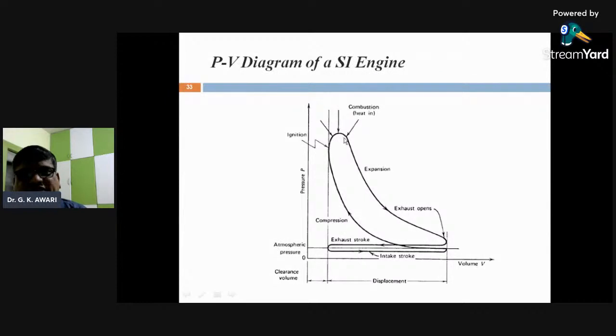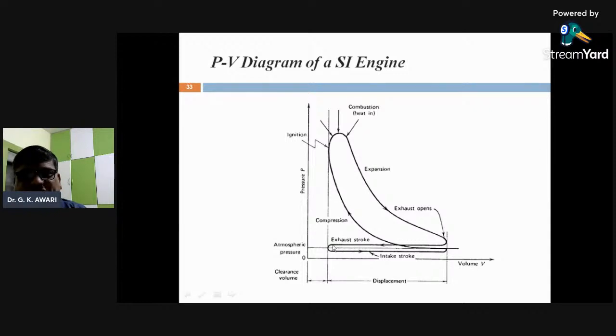That is the heat addition, and then we get an expansion stroke. So expansion is taking place, and then at this point the exhaust valve opens, and the gases are exhausted to the atmosphere, to the exhaust pipe or to the silencer.